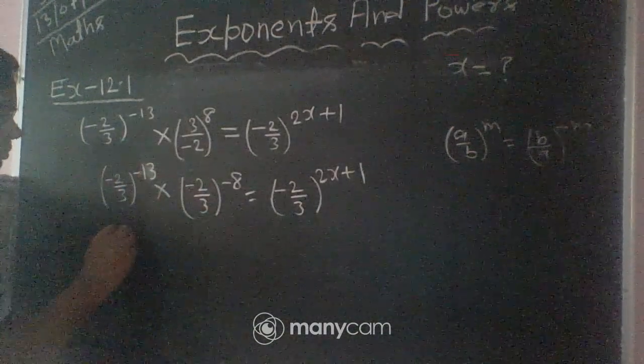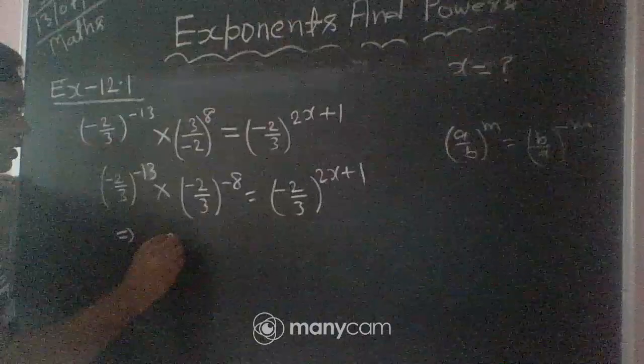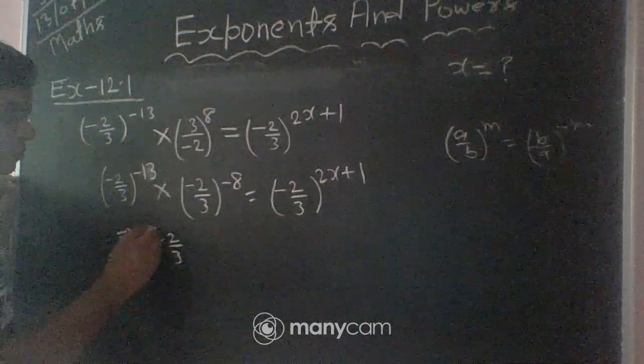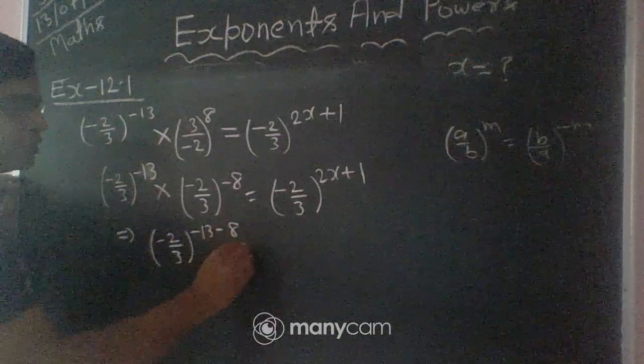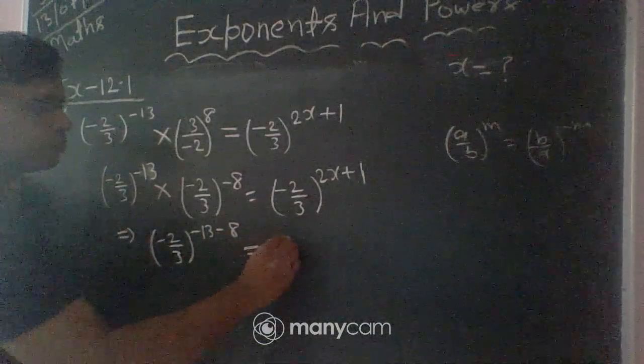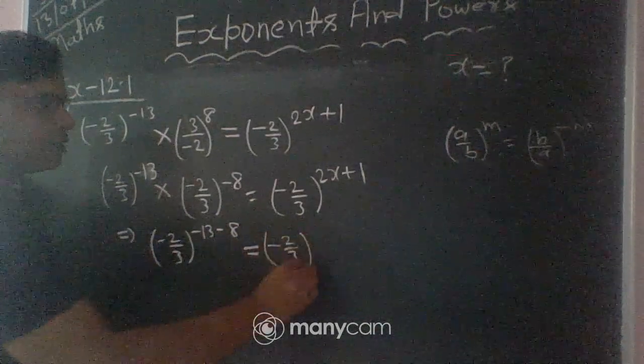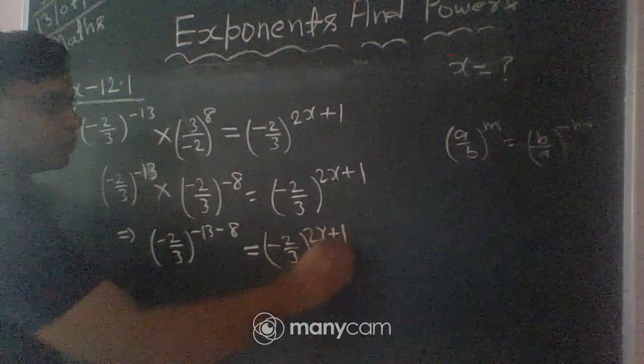So we obtain minus 2 by 3 power minus 13 minus 8, which is equal to minus 2 by 3 power 2x plus 1.